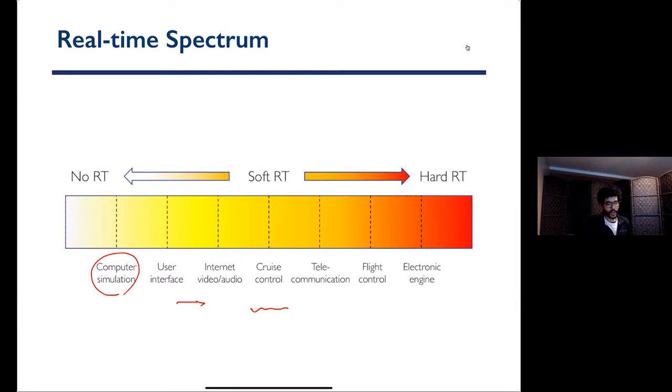Now, moving on, if you're designing electronic engines or certain satellites, then you're getting close to hard real-time systems. If you make a decision after the deadline has been missed, the engine could explode or your satellite could get out of orbit and bad things could happen. So that's that.